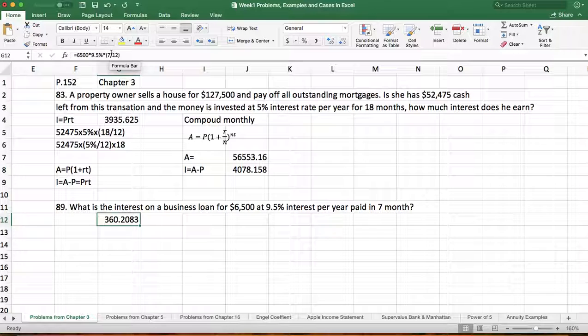So 7 months, how many years? For 7 months, you just use 7 over 12. It might be 0 point something years, but this is the way you calculate, not a whole year, 0 point something year or 1 point something year. So you got this number.